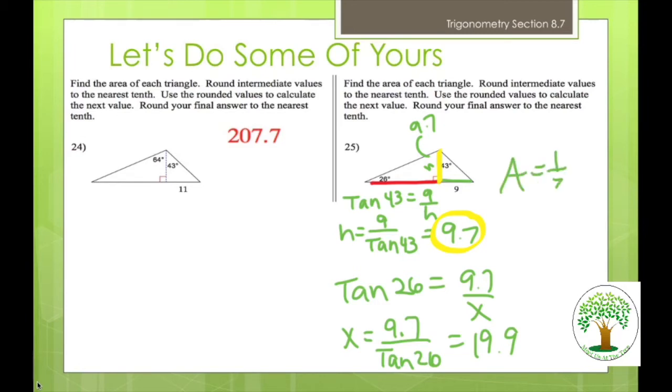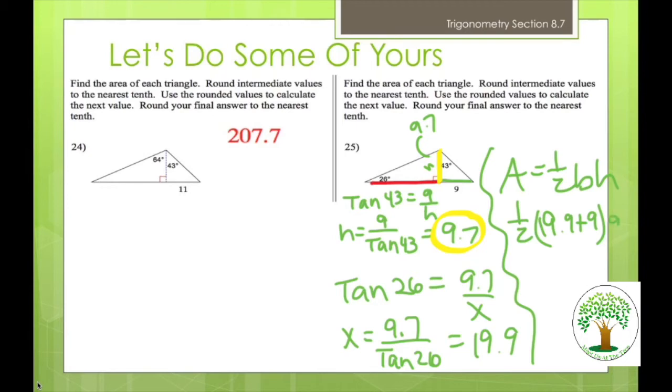Then area equals 1/2 base times height. We can just plug it in that one fell swoop way. 1/2, 19.9 plus 9 times the height 9.7. 140.2.